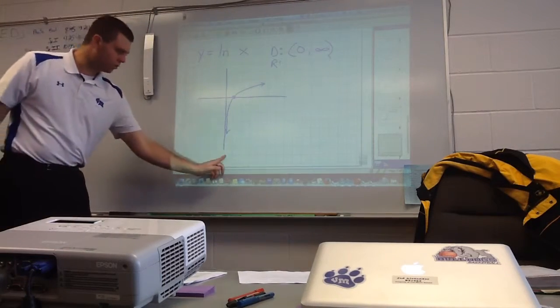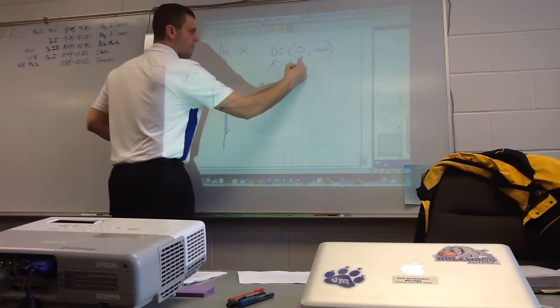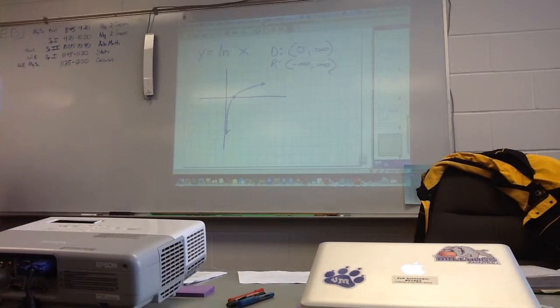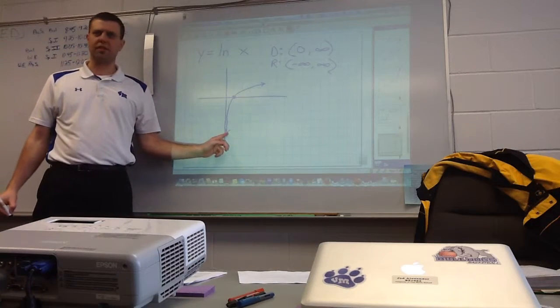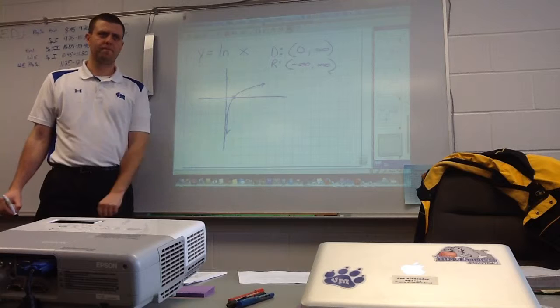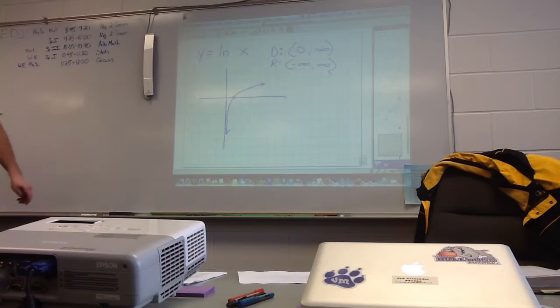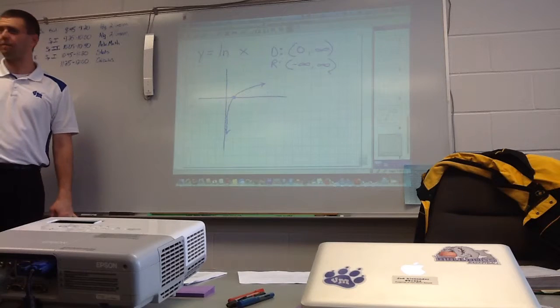And my range goes from negative infinity up to positive infinity. Don't cross the y-axis on that. Questions on that one?